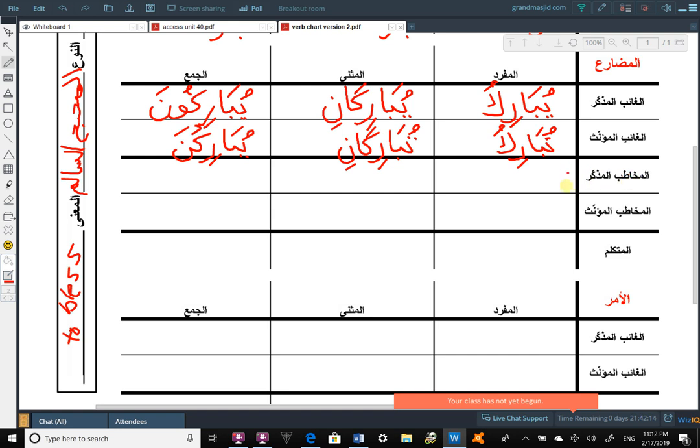Here, anta tubariku. Tubarikani, again, you just have to know the difference from the context of the conversation. And tubarikuna, we add the waw al-jama'ah and the noon of marfu.